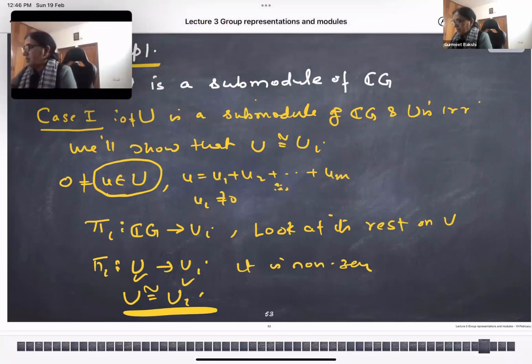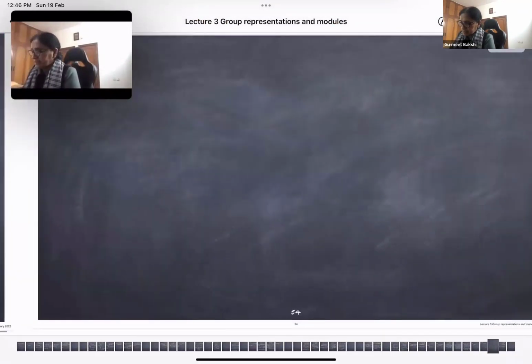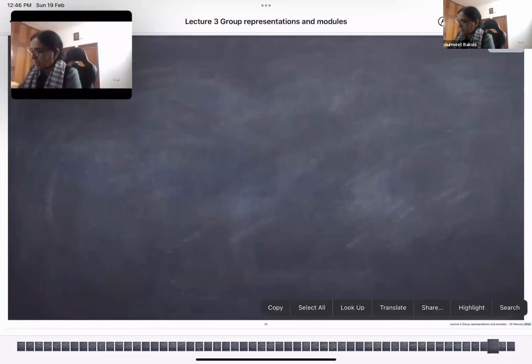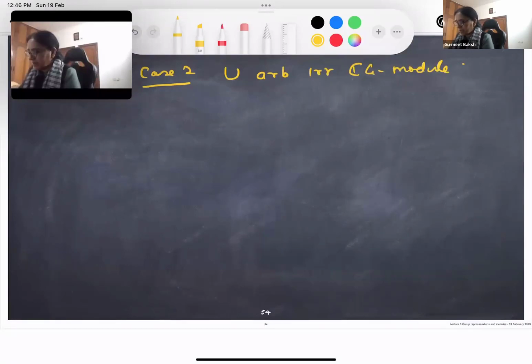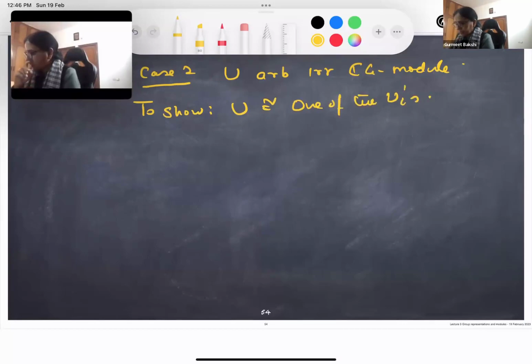Okay. And then in case 2, I will take an arbitrary one. Case 2, U is an arbitrary irreducible CG module, and I want to show that U is isomorphic to one of the UIs. All right. So you take a non-zero element u of U and you look at the submodule CG u.